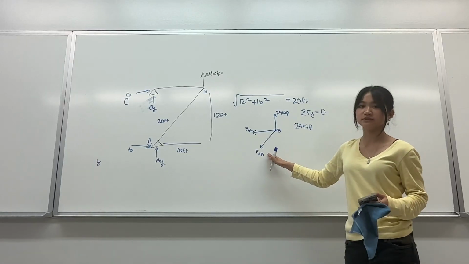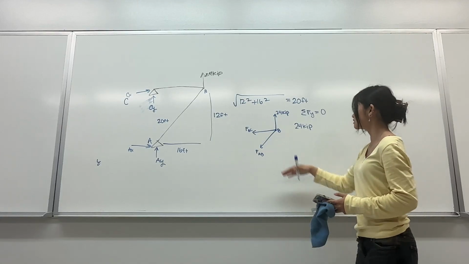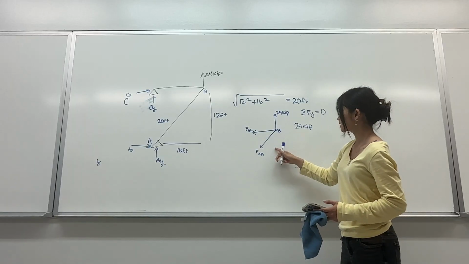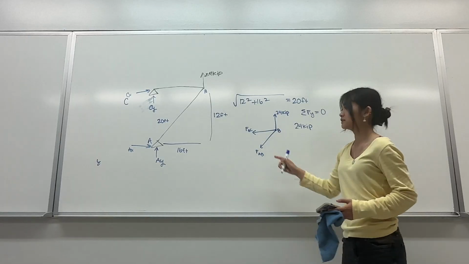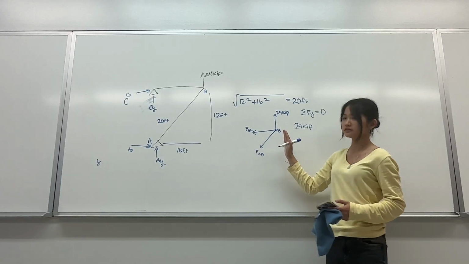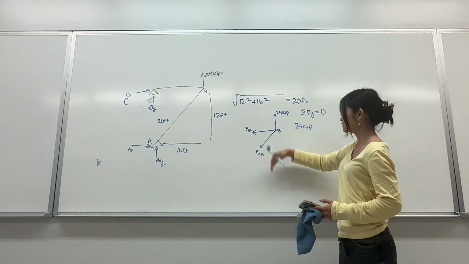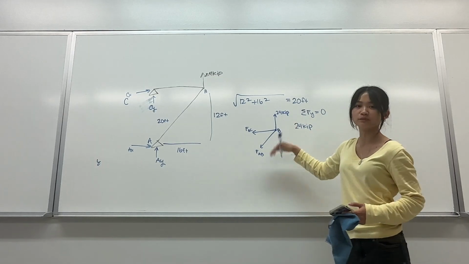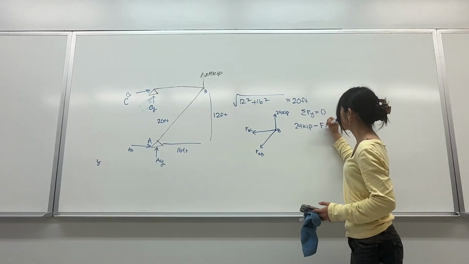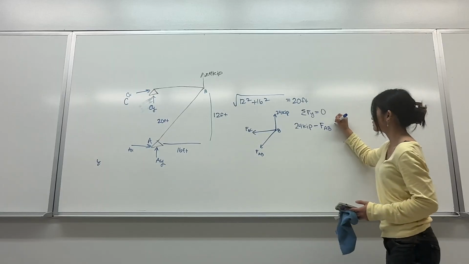For that, we have to use sine and cosine. Because it's this vertical force right here, we're going to be using sine. Because we have our upward 24 kip force, this y component would be negative for equilibrium. So we're going to do negative force AB times sine theta.